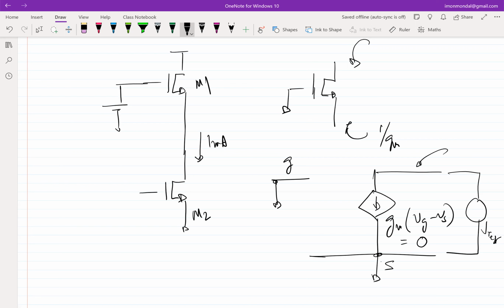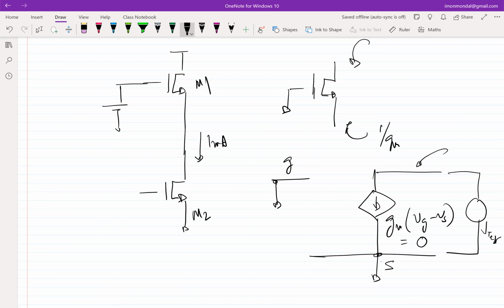Can I keep it floating as is? No, obviously cannot. I have to ensure that it's at least on because it's supposed to sink in 1 milliamp. Should I ground it incrementally or absolutely? Incrementally ground it, correct. But if I have to bias it, then I have to apply some voltage, right? How do I figure out what voltage I should apply?